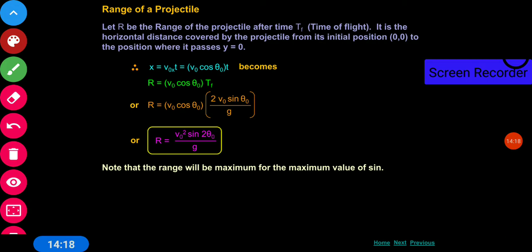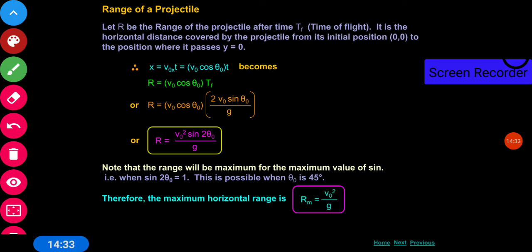Note that the range will be maximum for the maximum value of sine, that is when sin 2θ0 = 1. This is possible when θ0 is equal to 45 degrees. Therefore, the maximum horizontal range is equal to v0² / g.